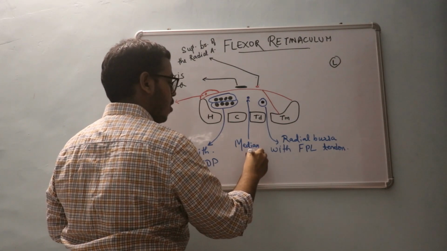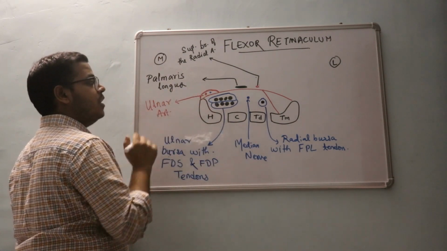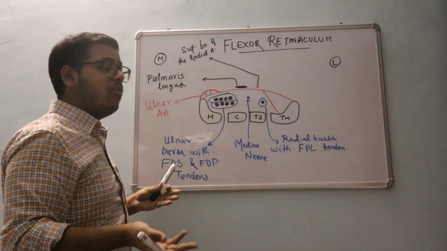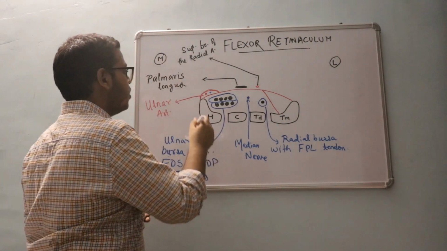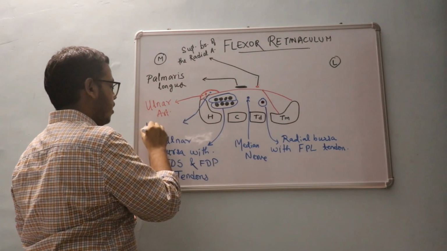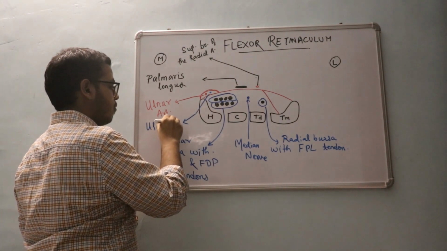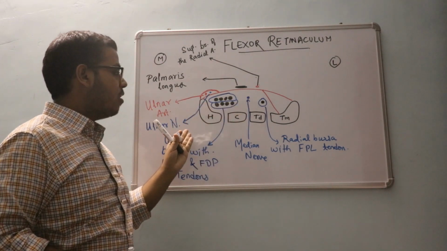There is another nerve that is present along with the ulnar artery. What can be the nerve going along with the ulnar artery? Ulnar nerve, very simple. So this one over here is the ulnar nerve. So we have the median nerve and the ulnar nerve.